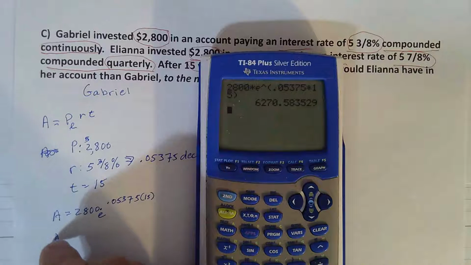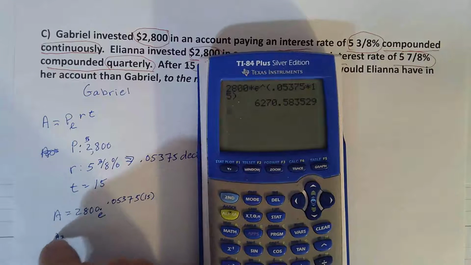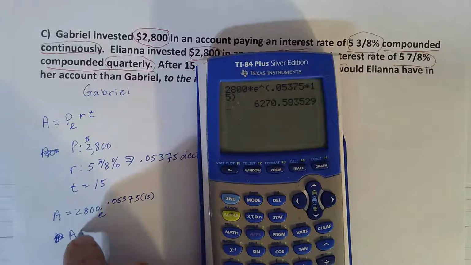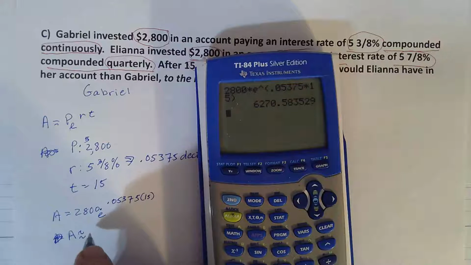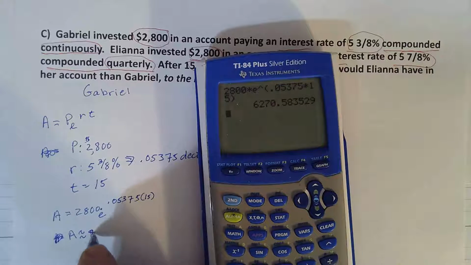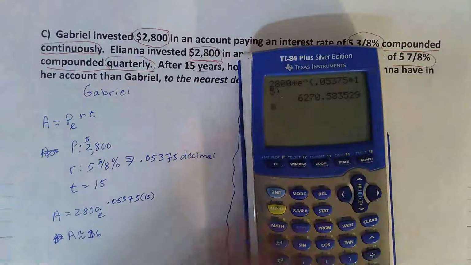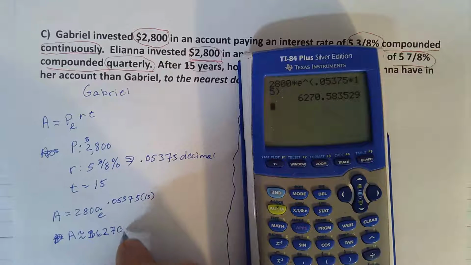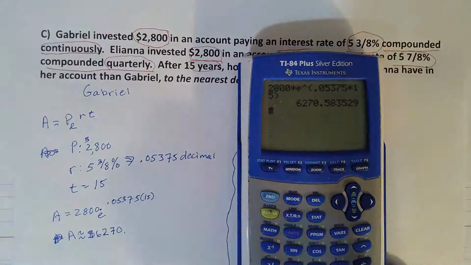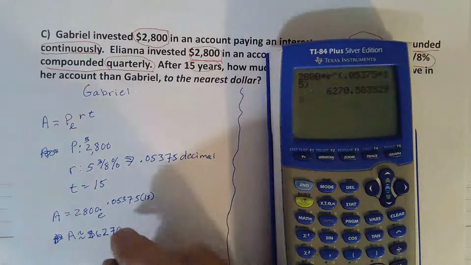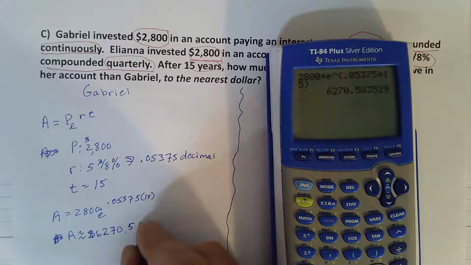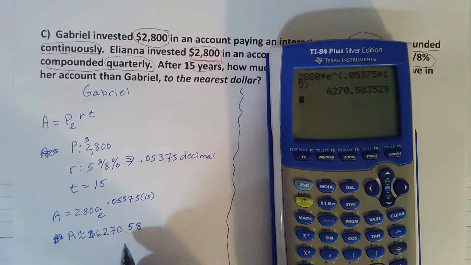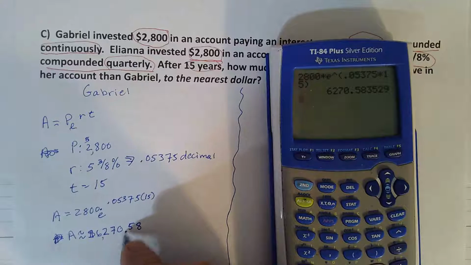So A is approximately, because we're rounding, 6,270, and then you're going to round to 2 decimal points, so 0.58. So $6,270.58. Okay.